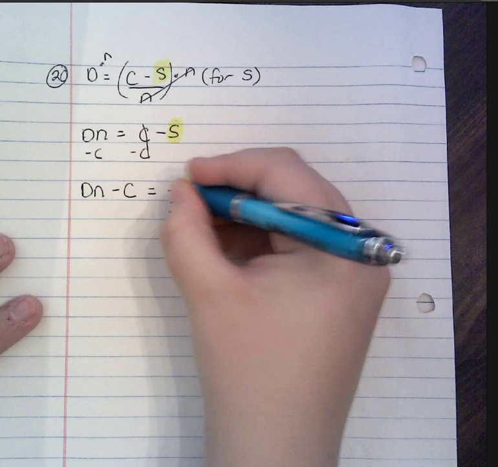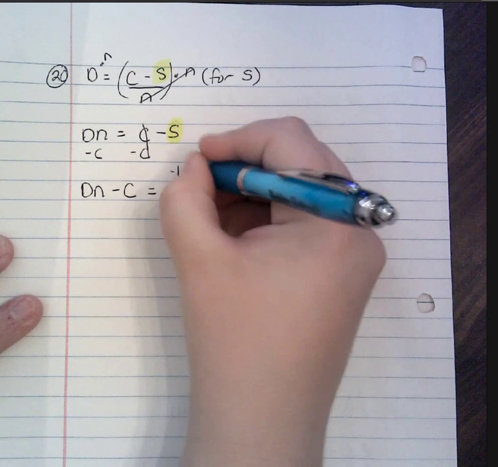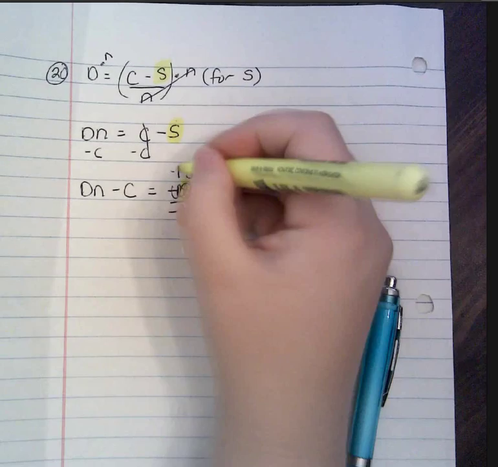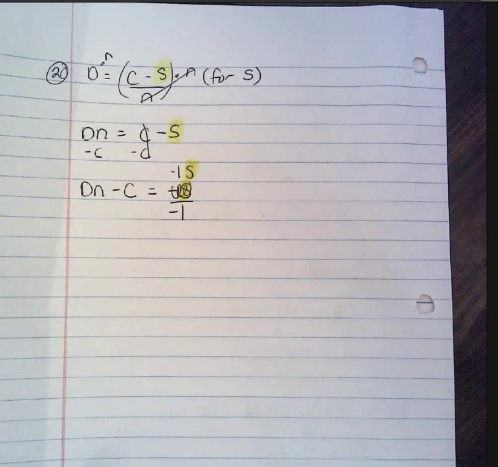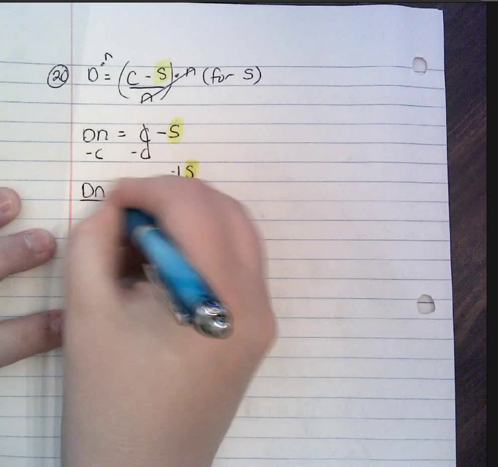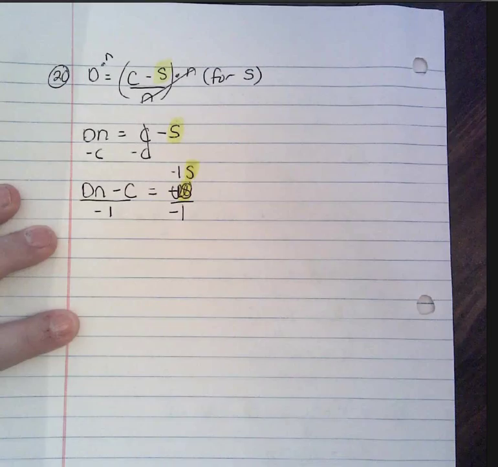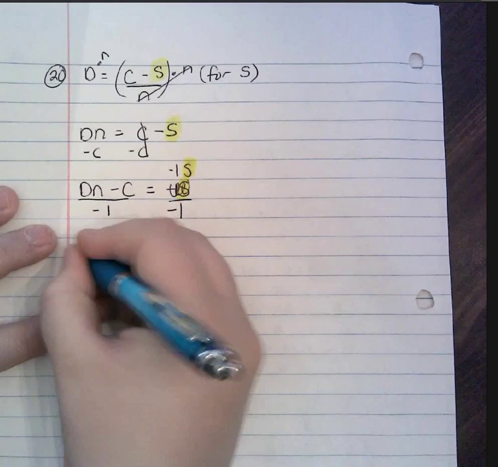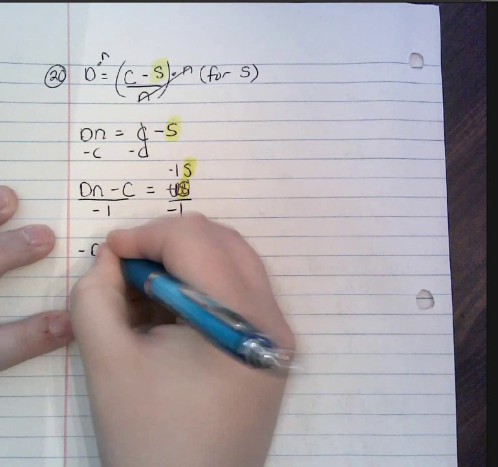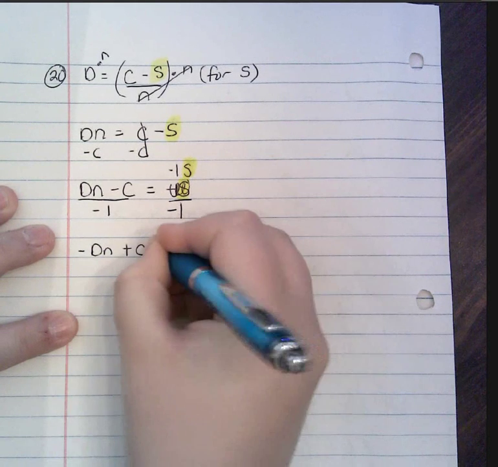So imagine that that says -1s. And so that means that you're multiplying by a -1. So the opposite of multiplying would be to divide. So when I divide each of these by a -1, that gives me negative dn plus c equals s.